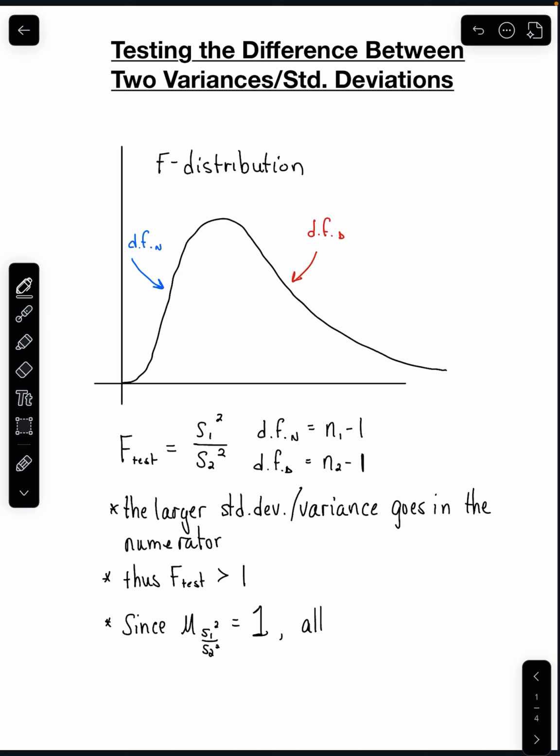Or in the case of a two-tail test, it is only the right side that matters. So they are either going to be a right tail test, never a left tail, or a two-tail test where only the right side is relevant.